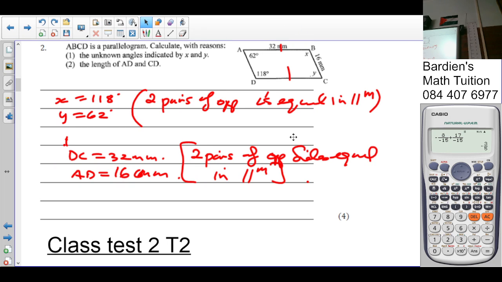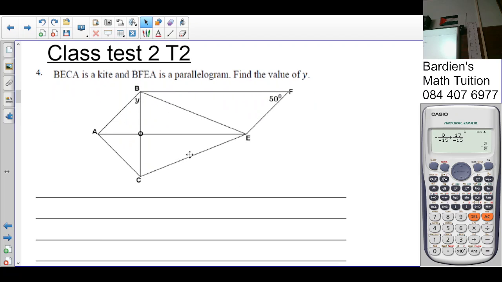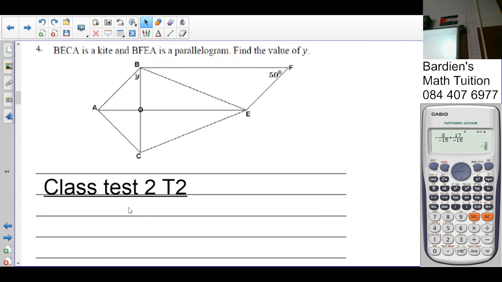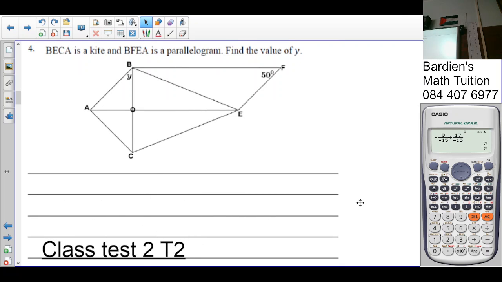Yes. Right, let's move on with our lives. Last one. Number 4. In number 4 we are told BEC is a kite. If that's a kite, what do we know? 5 things. One pair of opposite angles are equal. So you're reading well.